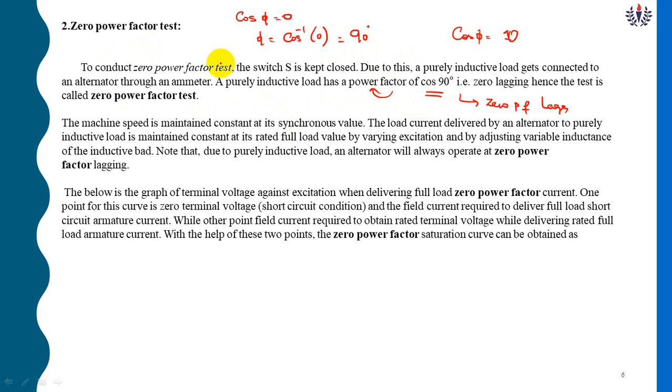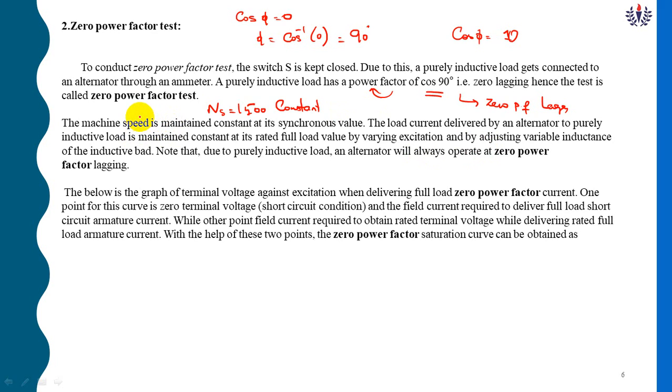In this method we set the synchronous speed Ns equal to 1500, a constant speed. The load current delivered by the alternator to the purely inductive load is maintained constant at the full load value. By varying the excitation, we vary the load.